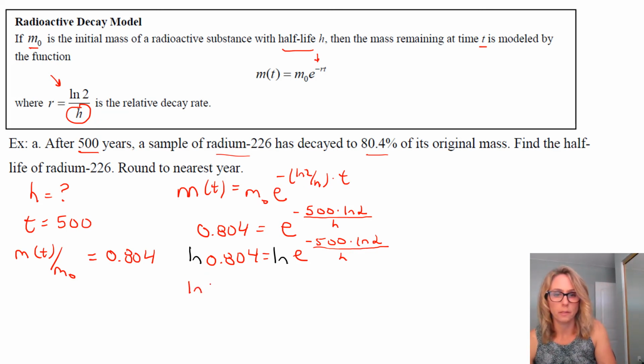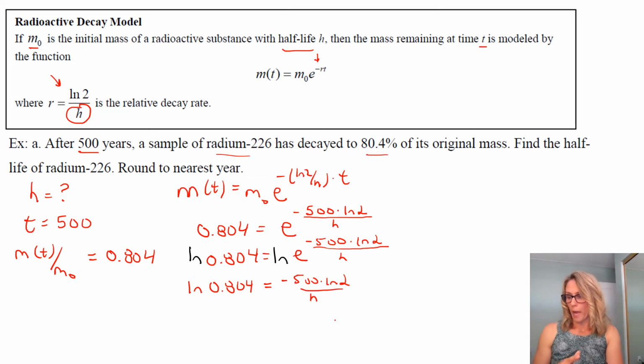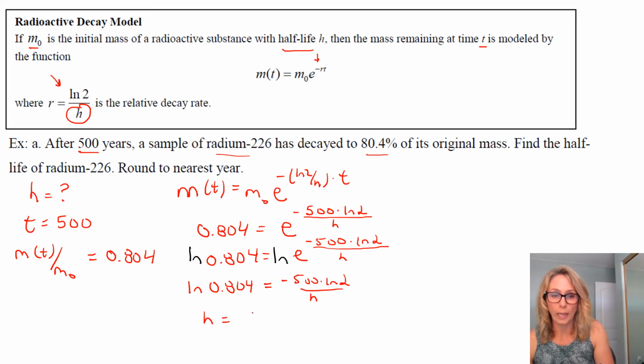So now we have ln 0.804, just some number, and on the other side we freed the h: negative 500 times ln2 divided by h. Now it's just a little bit of algebra. My space here is a little bit wonky, so I'm doing this in one step. We multiply both sides by h, which brings it to the left-hand side, and then divide both sides by ln of 0.804.